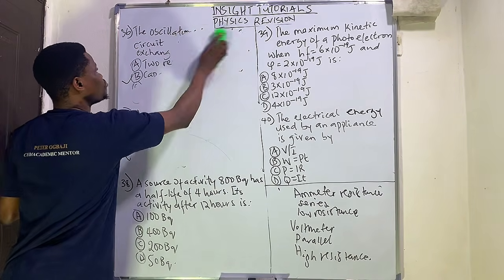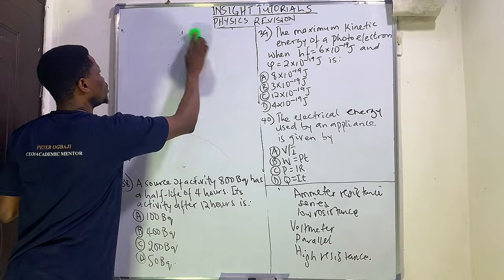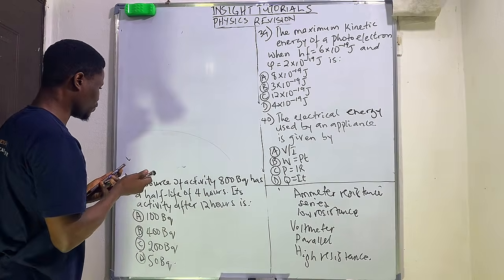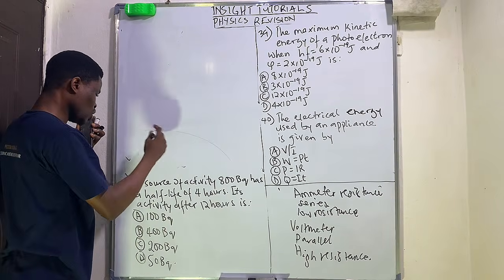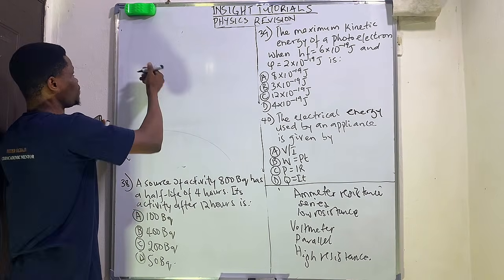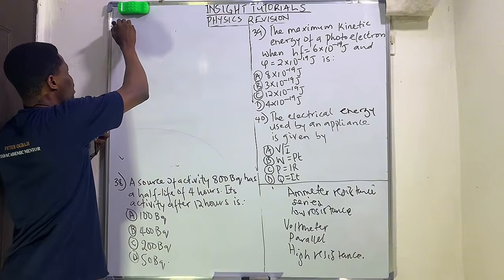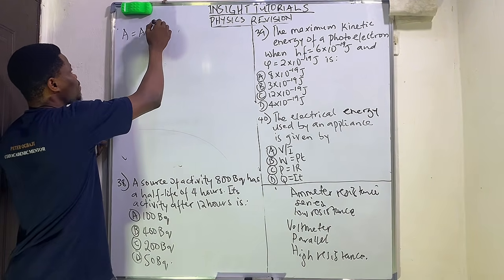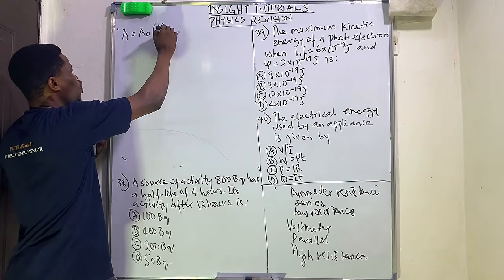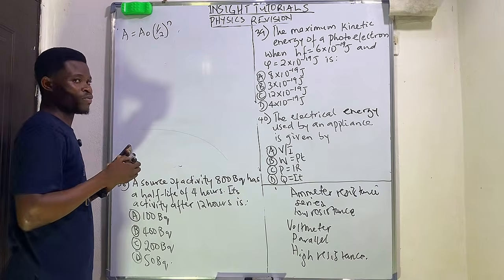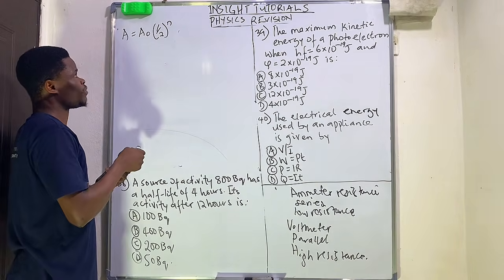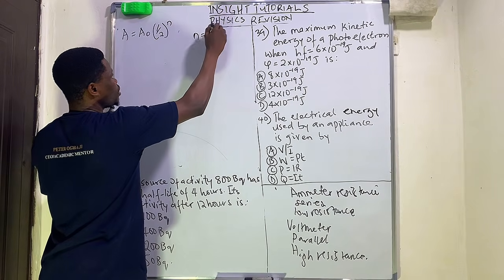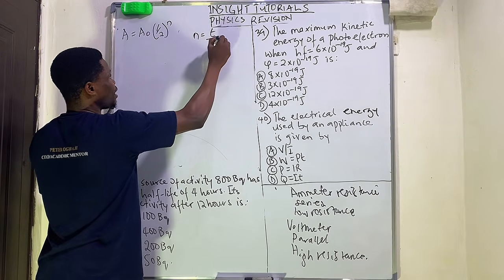This is a question from radioactivity, and it's very important for you to know how to solve this. Anytime you're dealing with activity, there's a formula that connects that. Activity is equal to the initial activity times one half raised to the number of half-lives, where the number of half-lives, n, is going to be time t all over the half-life.